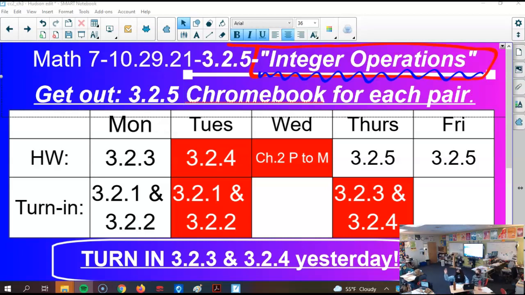I think we got some errors in our work. Oh, that's a shade right there.